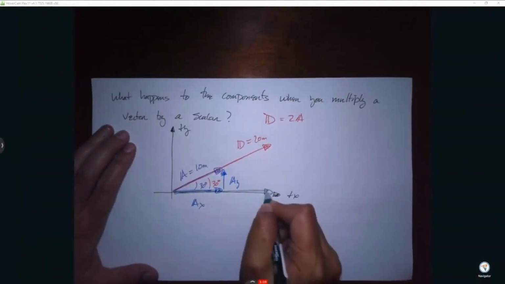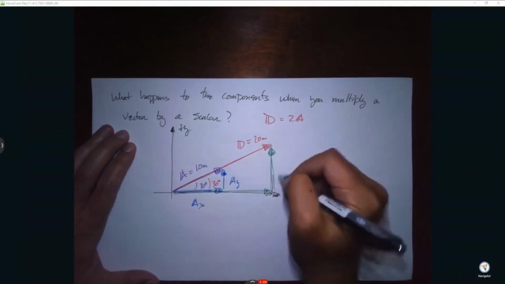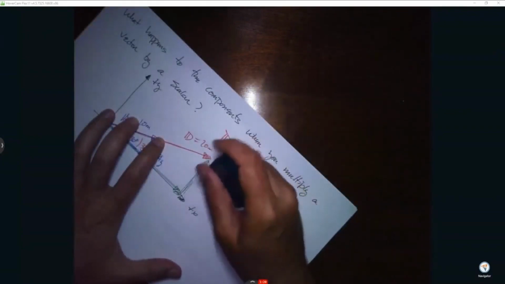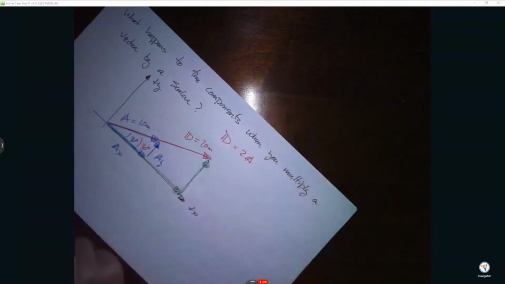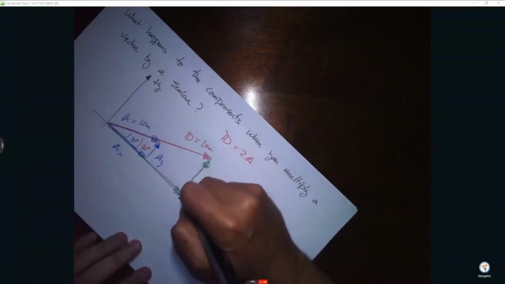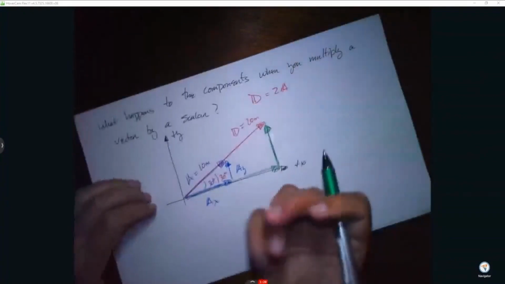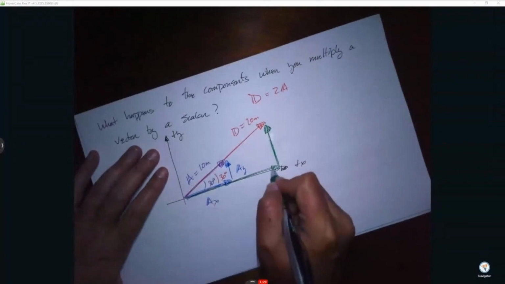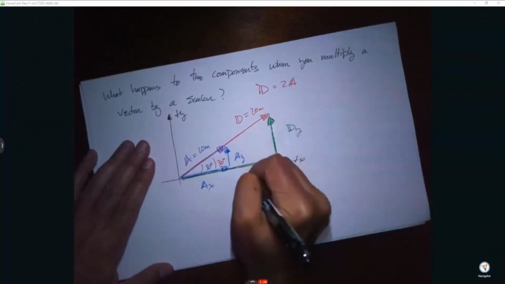And what we want to talk about is, well, what happens to the components? Dx and Dy.